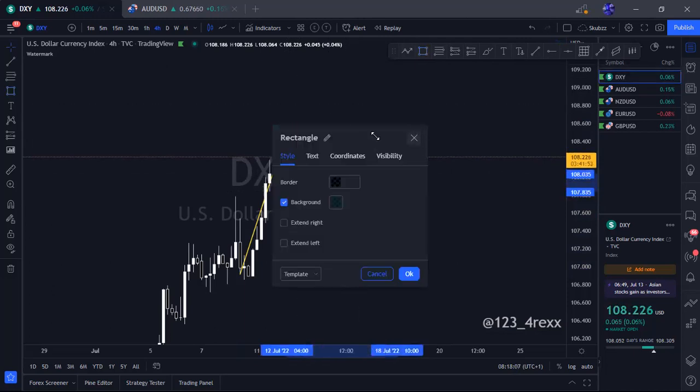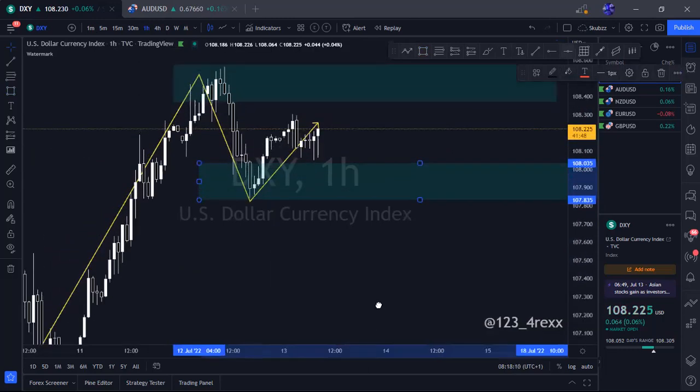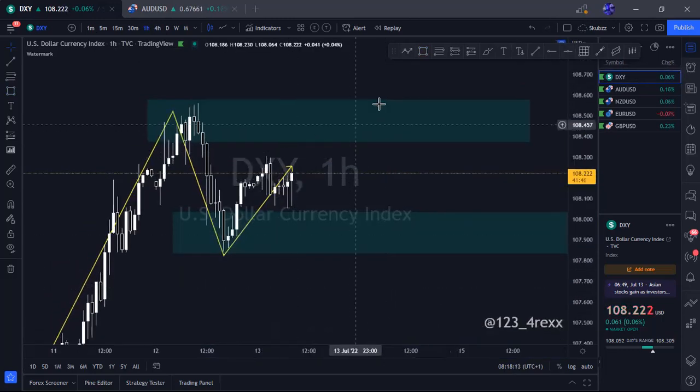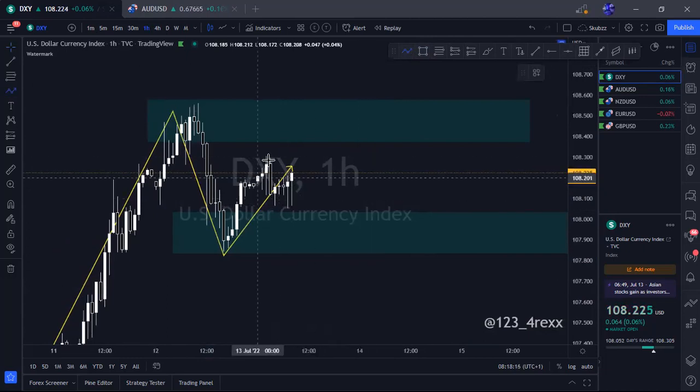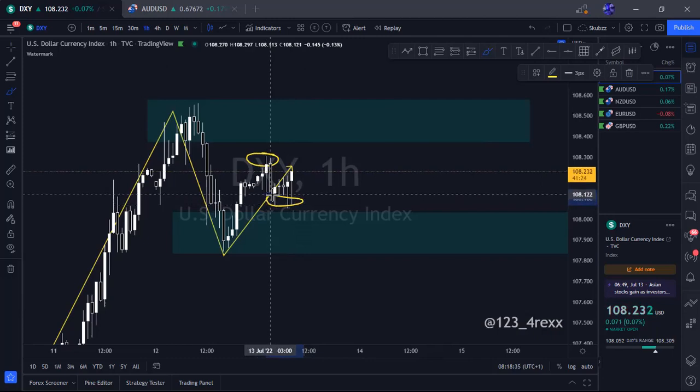Now let's go to the 1H. On the 1H, what you should pay attention to is this high here. Do you get this high here? And then I don't want to hold this low here because it's very flat, but you can still pay attention to that low.